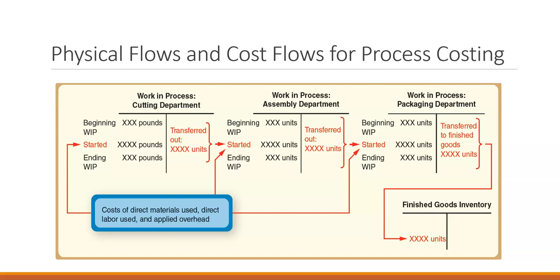When we are finished with items in the cutting department, we transfer them out to the assembly department. In the assembly department, we might add more direct materials, more labor, and more overhead. We finish our work in the assembly department and transfer out to work in process packaging department. Once we finish items in the packaging department, they are transferred to finished goods inventory, where they sit awaiting sale.